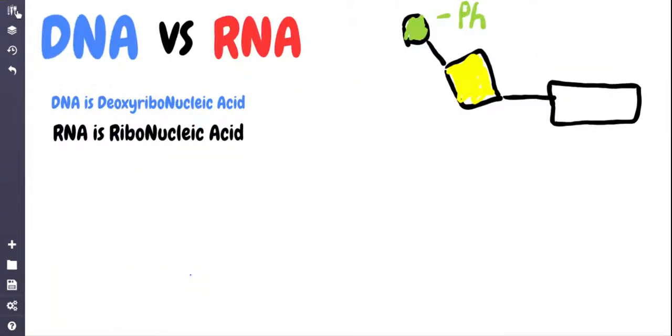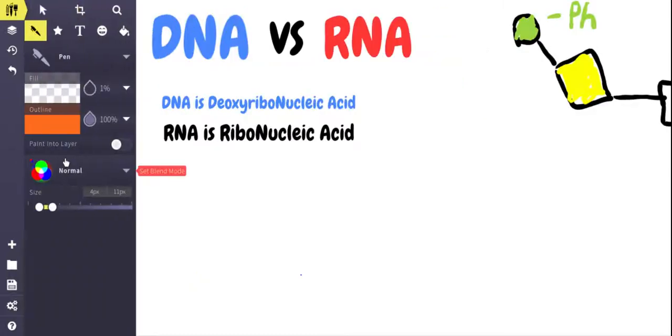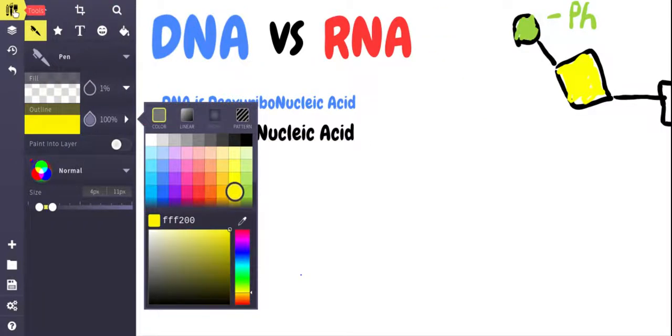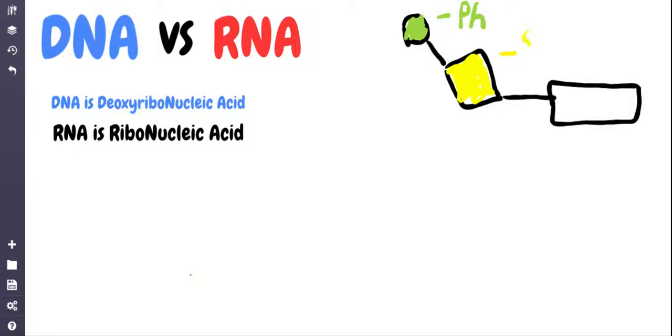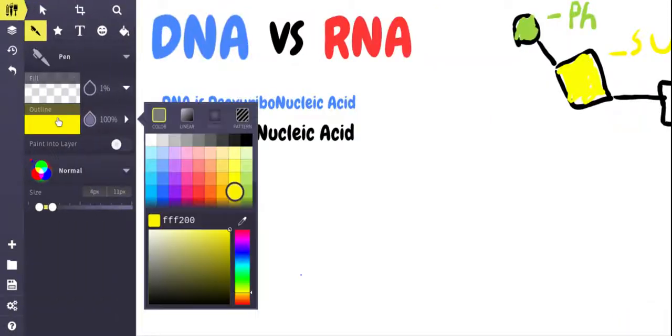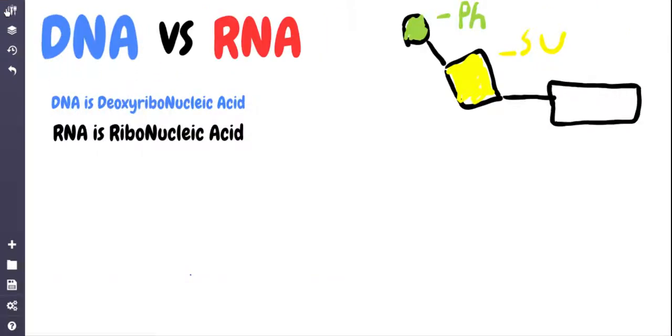I just put SU for sugar. And last but definitely not least is the base. I'll use orange for that. So this is the base, and the type of base it is is a nitrogenous base, like nitrogen base, basically.